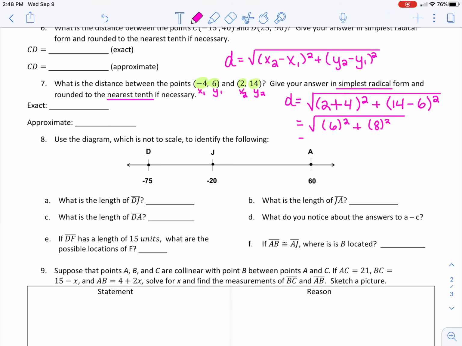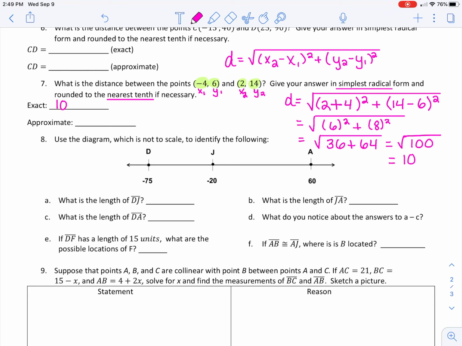And then we can say that's equal to the square root of 36 plus 64, which is equal to the square root of 100. And if we take the square root of 100, we get 10. So my exact answer is 10.